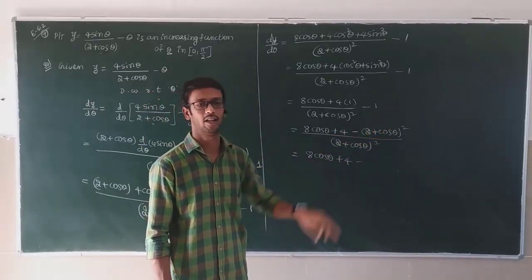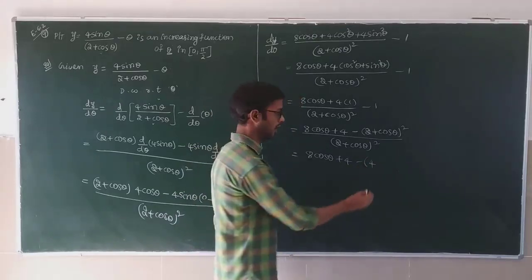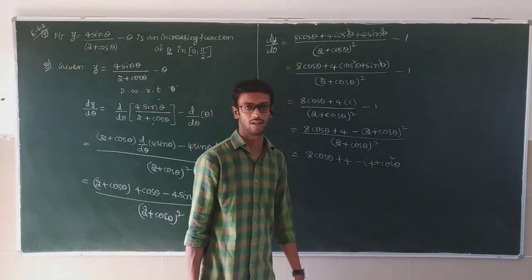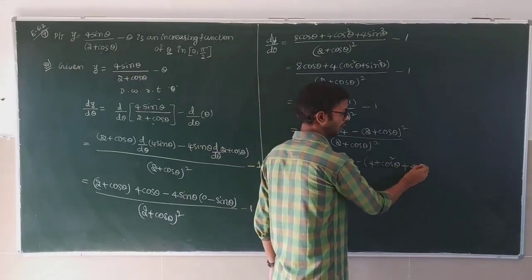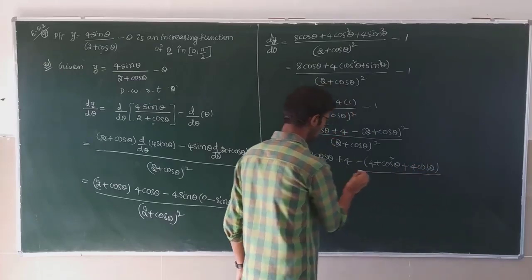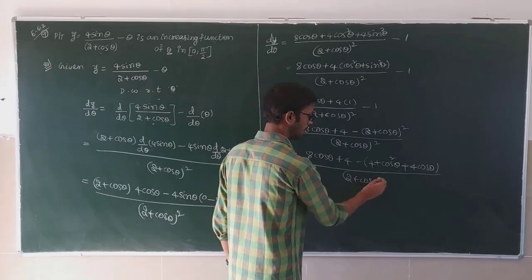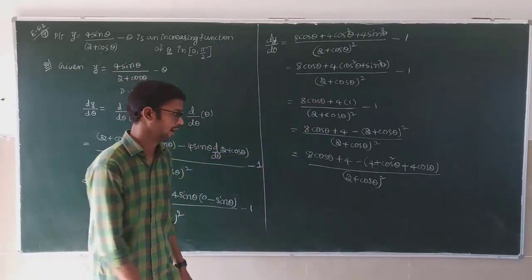2 plus cos theta whole square simplification is 2 square, 4, plus cos square theta plus 2 into 2 into cos theta, 4 cos theta, divided by 2 plus cos theta whole square. The a plus b whole square formula is applied there.